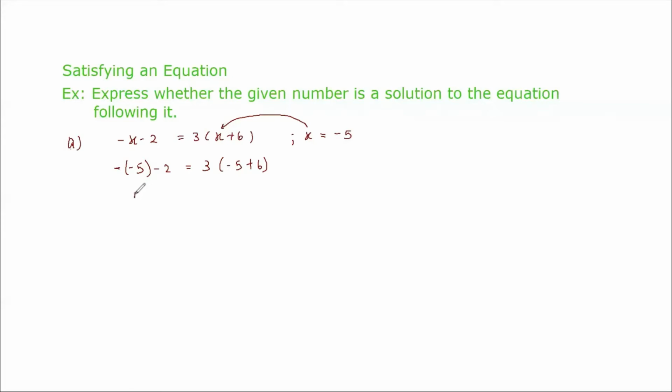So we have plus 5, but plus 5 we don't need to write in the front. So minus 2 equal to, inside the bracket, minus 5 plus 6, we have plus 1, correct? So then this one becomes 3. This one, okay, left hand side 3 and 3. So it's correct, right? This one is true. So you write true or say correct.